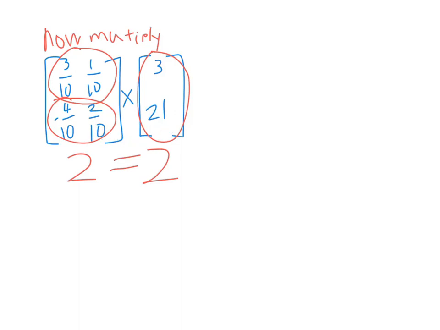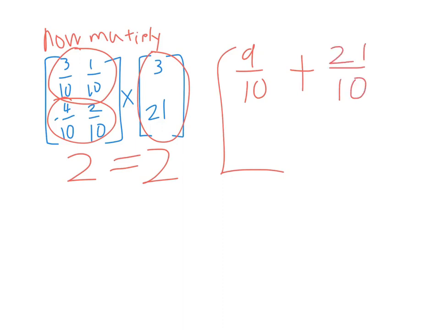So let's do that. So it will be 3 over 10 times 3, which will be 9 over 10, plus 1 over 10 times 21. So it will be 21 over 10. And then the second row is negative 4 over 10 times 3, which will be negative 12 over 10, plus 2 over 10 times 21, which will be 42 over 10.